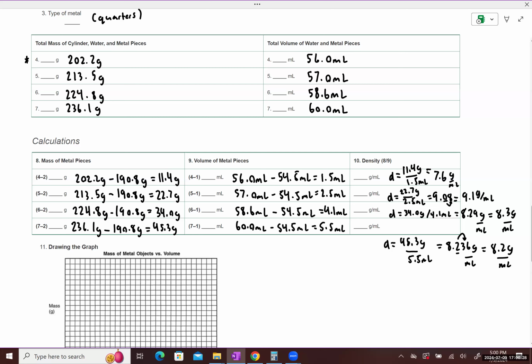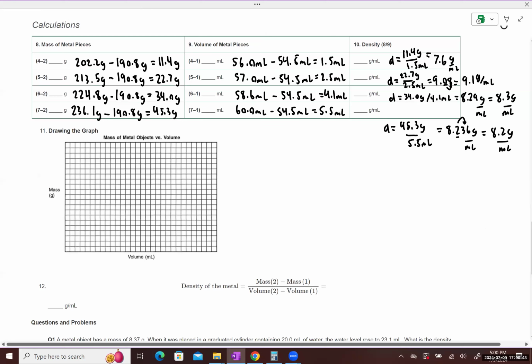Okay, so we've completed the calculations in terms of the mass of metal pieces, volume of metal pieces, and density. And we're going to use the mass of metal pieces and volume of metal pieces to prepare our graph.